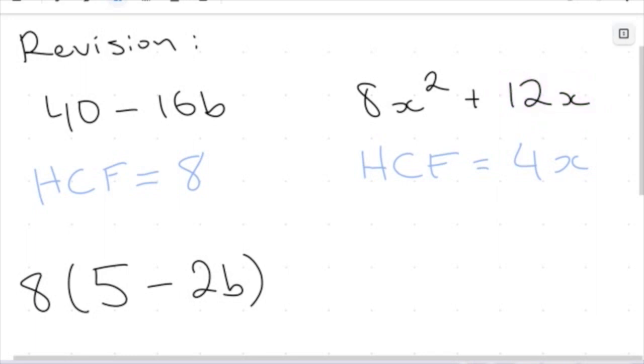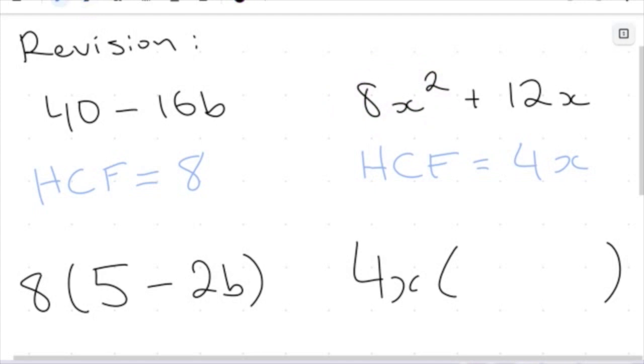So my highest common expression that goes into both of these, both 8x squared and 12x, is going to be 4x. So that is going to get popped out in front here. And once again, I'm going to draw in my brackets. Now, I want to find out what 4x was multiplied by to get me to 8x squared.